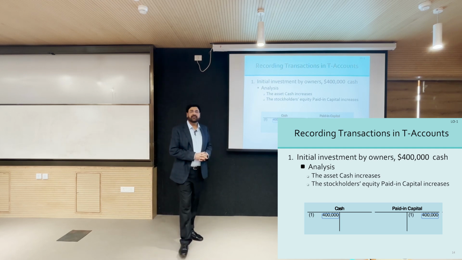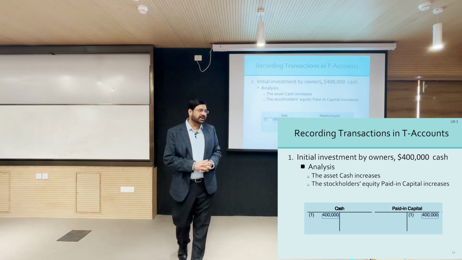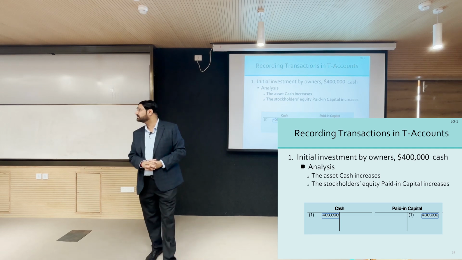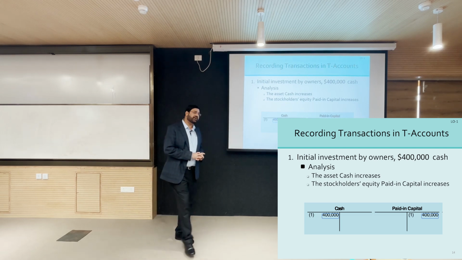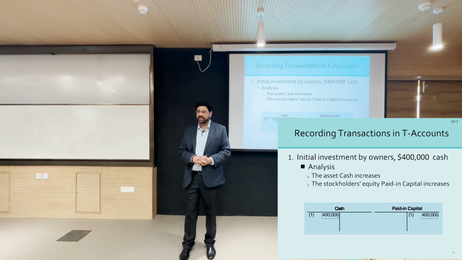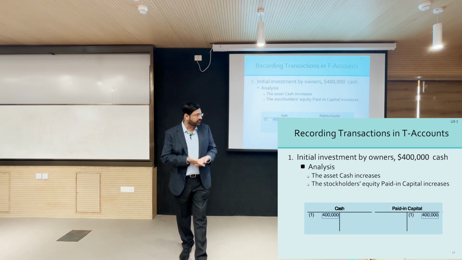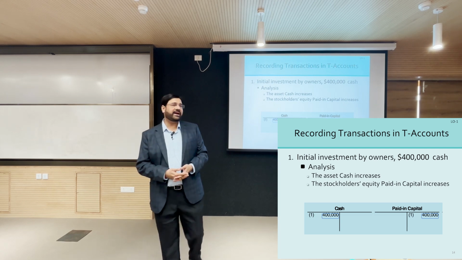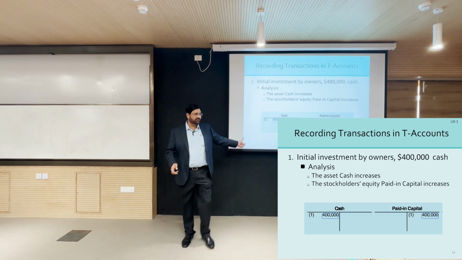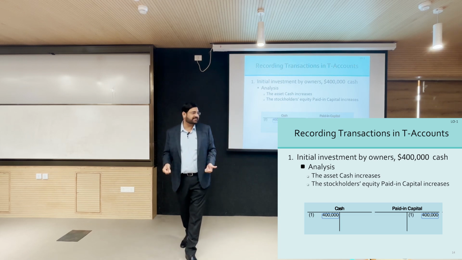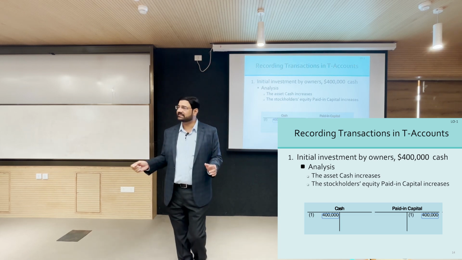4 lakhs. So, when we do accounting, will we do accounting for the owner or for the business? Business. So, has the business received 4 lakh or has it paid 4 lakh? When the business has received 4 lakh, has cash gone up or down? Up. And from our previous slide, we already know that increase in asset is debit, and decrease in asset is credit.